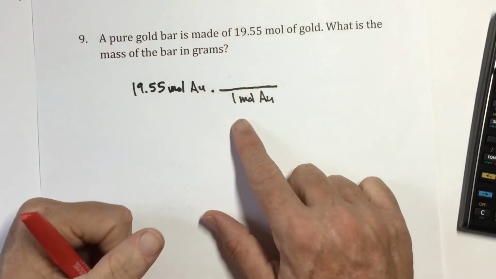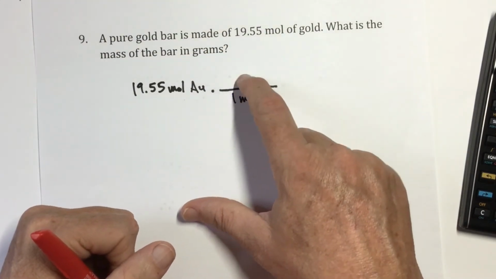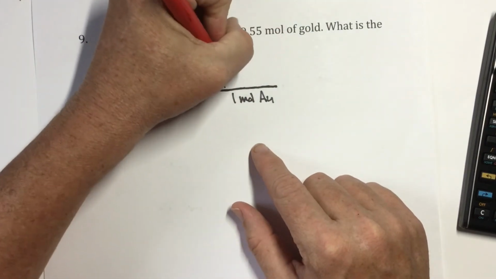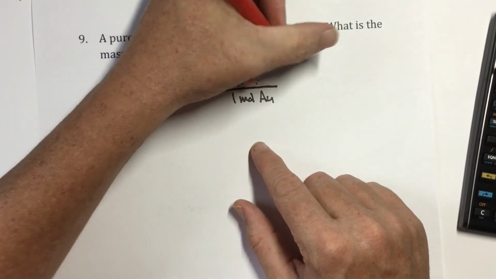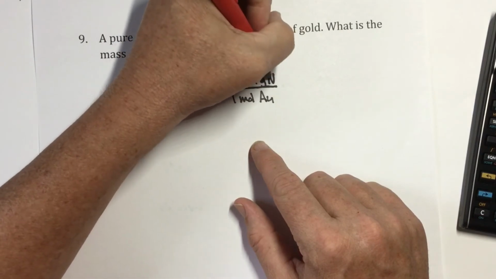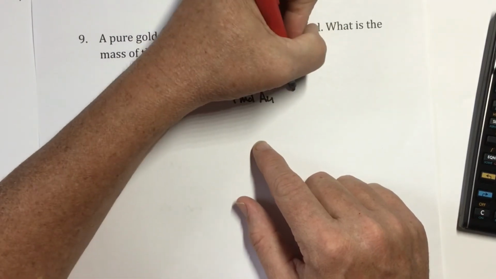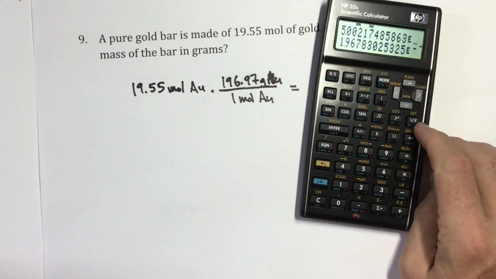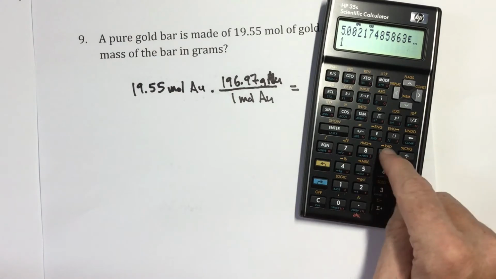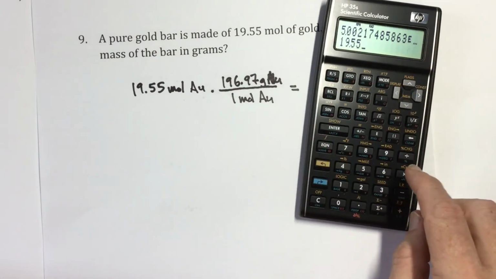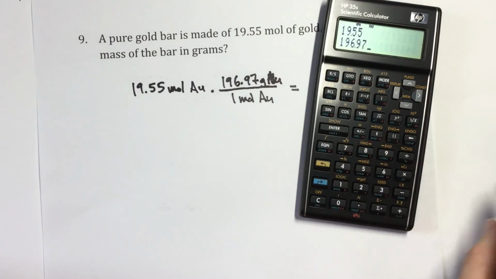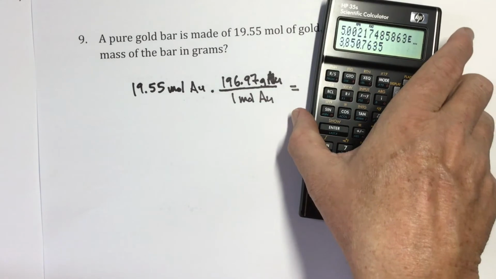Well, we know that in 1 mole of gold, we have the number of grams equal to the atomic mass of gold. The atomic mass of gold is 196.97 grams of gold. So that's simply equal to 19.55 times 196.97.